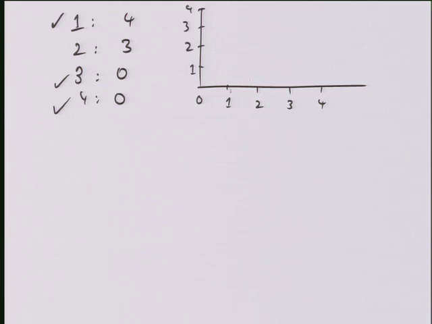At 1, it has value 4. At 3, it has value 0. At 4, it has value 0, right? We don't know what its value at 2 is, because only 3 officials got together to try to reconstruct this. Okay?